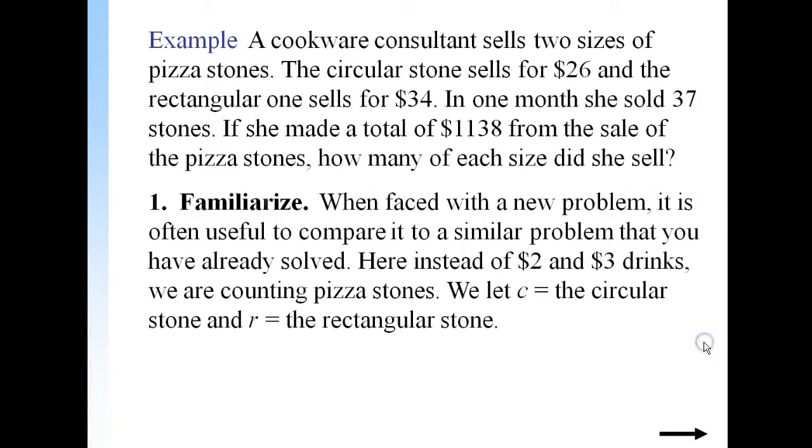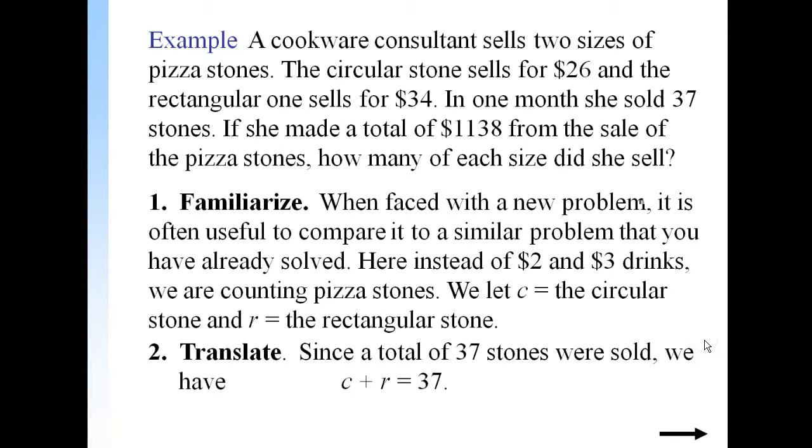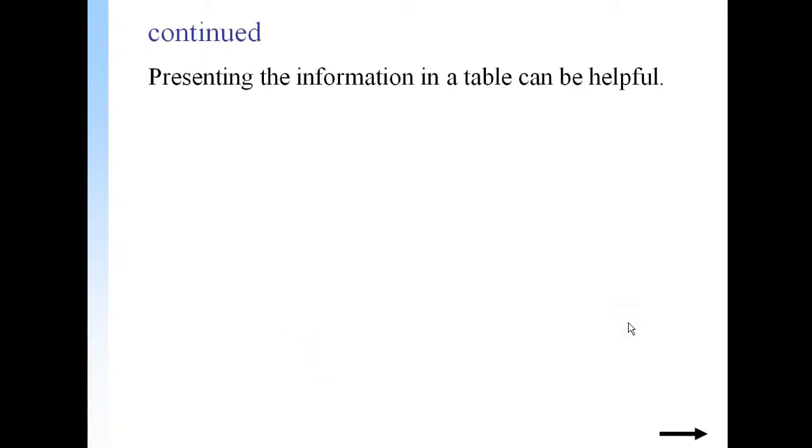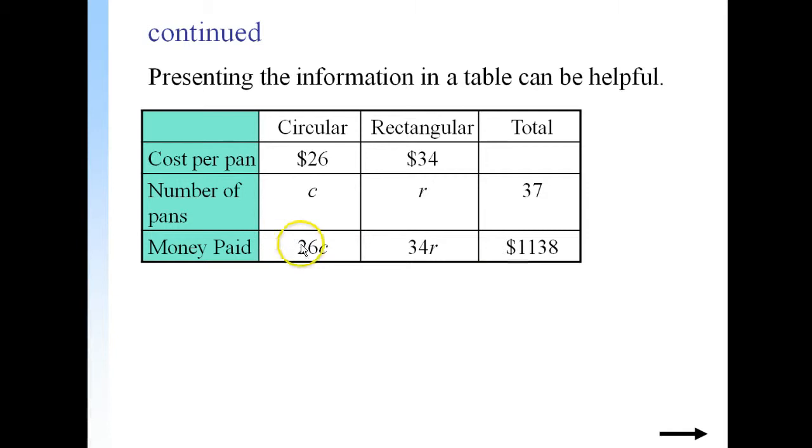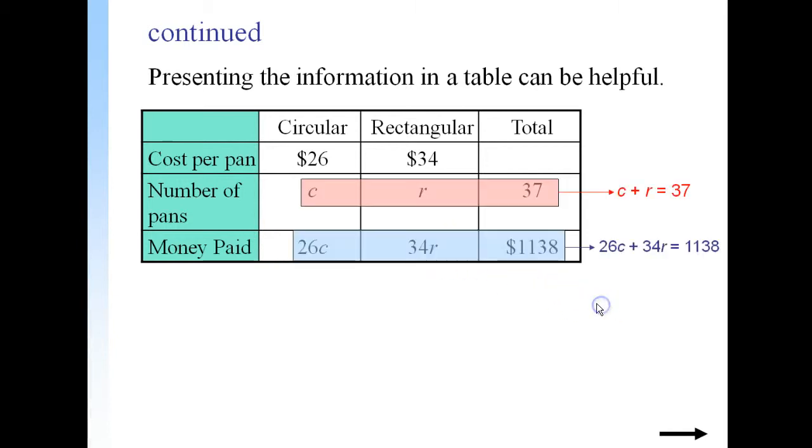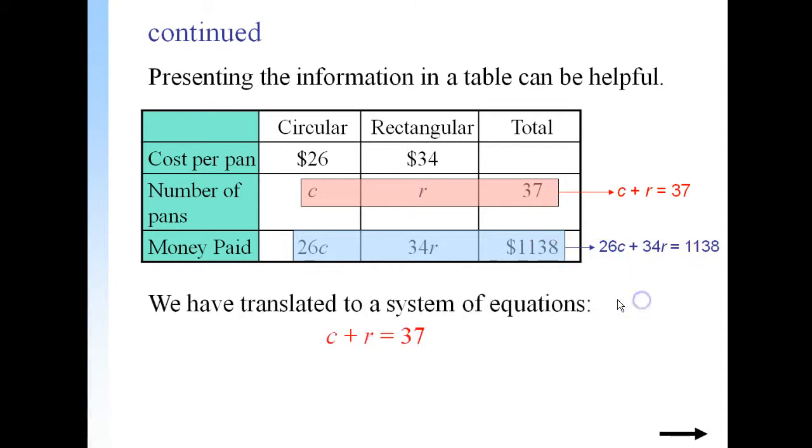Okay. So again, something very similar. There's our first equation. Putting it in a chart may be helpful. There's your second equation there. And you could use substitution as well.